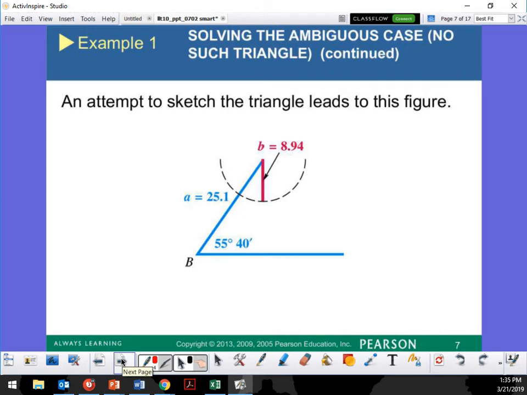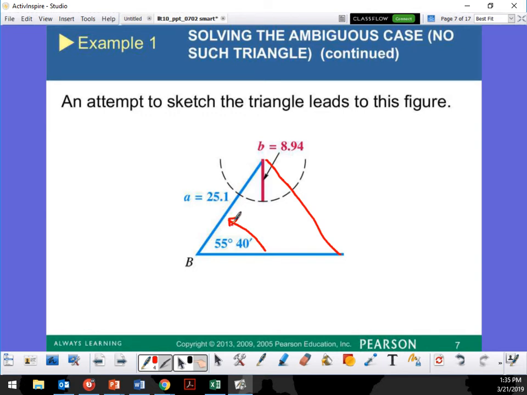With the information I had, isn't this supposed to be here? That's not long enough, is it? Why not? Because if you open this up, this is an exact 55 degrees 40 minutes. That is exact.